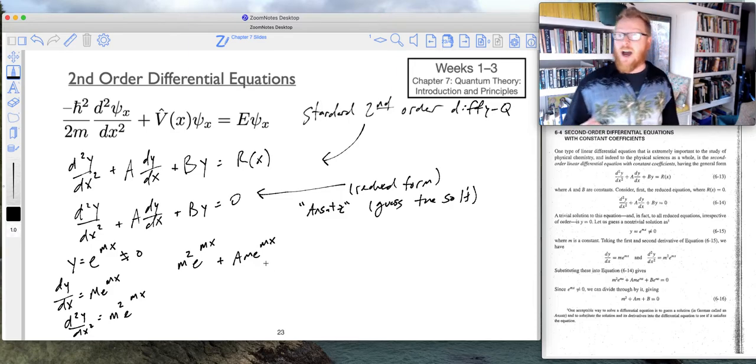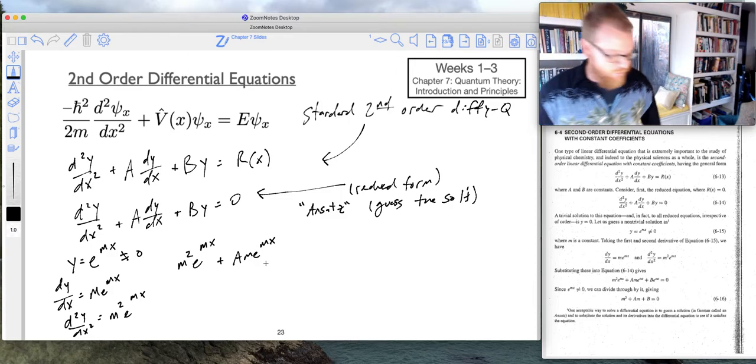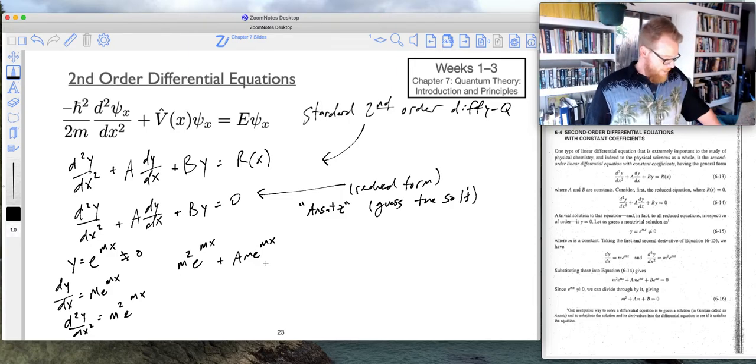As you can see, we've got a couple of constants we're going to have to figure out. And then we also recognize that we have this other constant, b, times our guess solution, y, e to the mx. And then we know from our reduced form, this all equals 0.